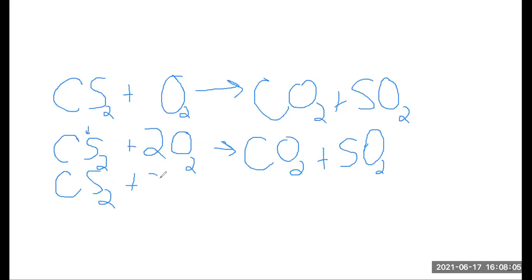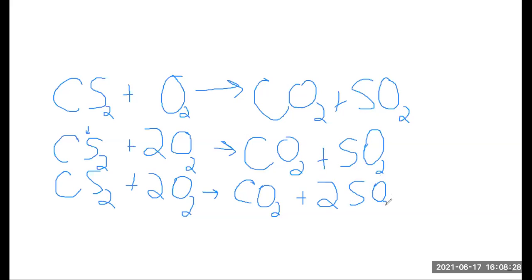Right at the moment, I'm going to leave that 2 there, and I'm probably going to have to go back and change my coefficient. This will give me CO2, and then 2 sulfur dioxides, so 2 SO2s. Gets me a little closer.